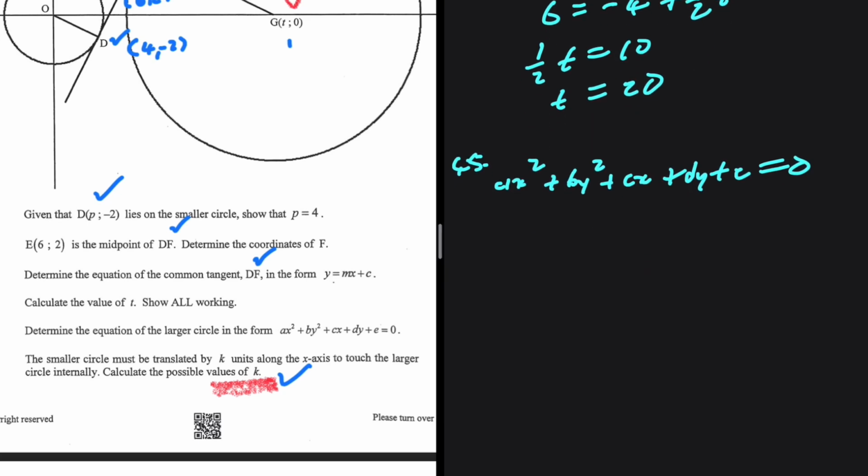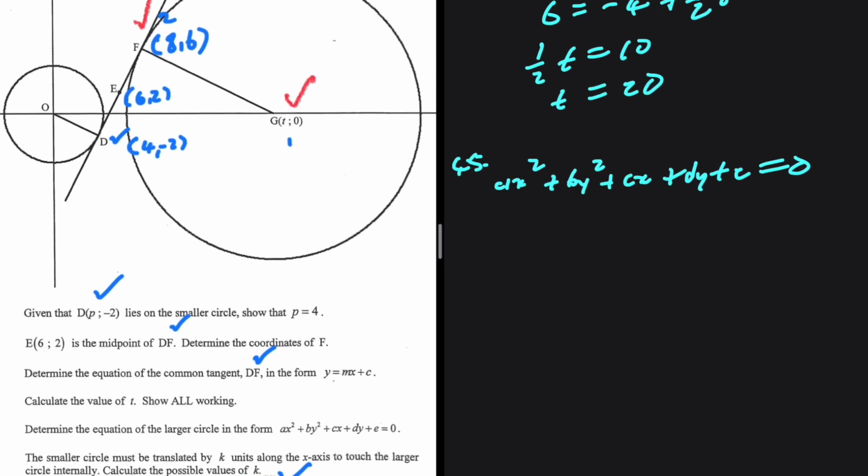Okay, let's take a look at the information we have. We have G, which is the center, right? Coordinates T and 0. We know that T is 20, and then we have the y coordinate, which is 0. What else do we have? We need the center and the radius at least to talk about the equation of a circle.